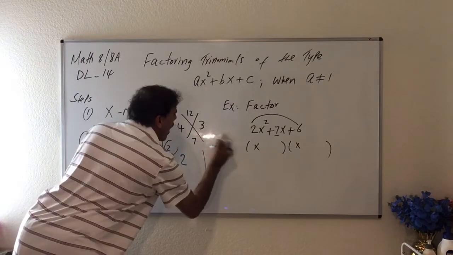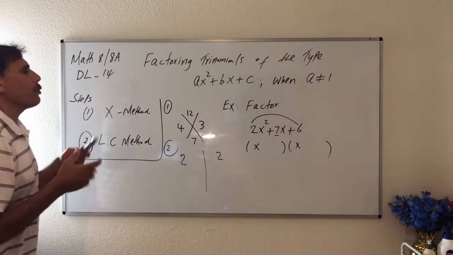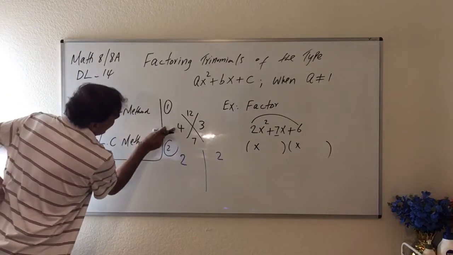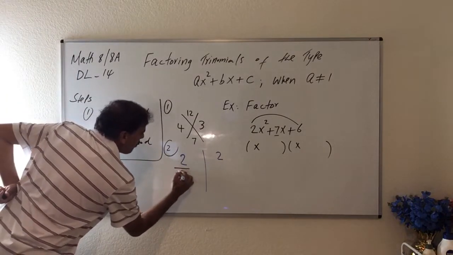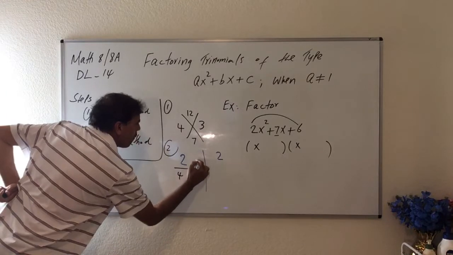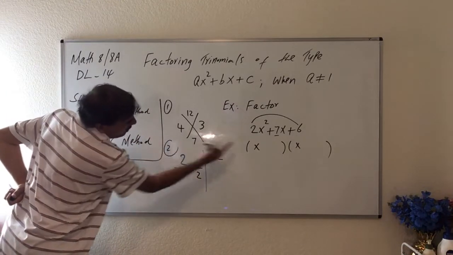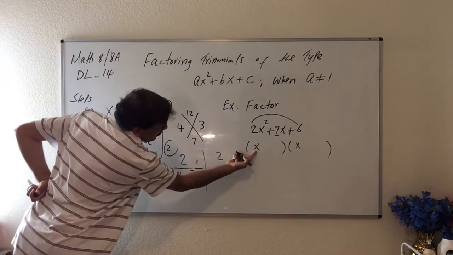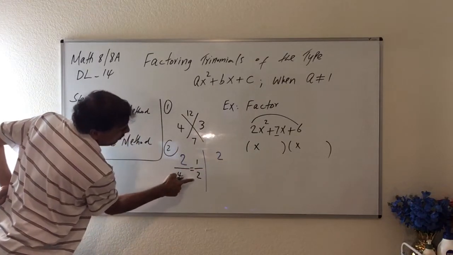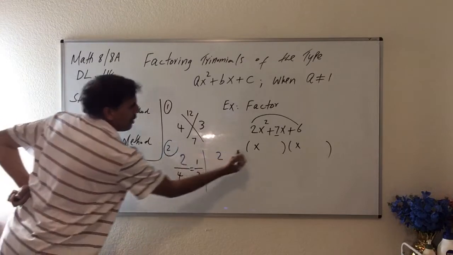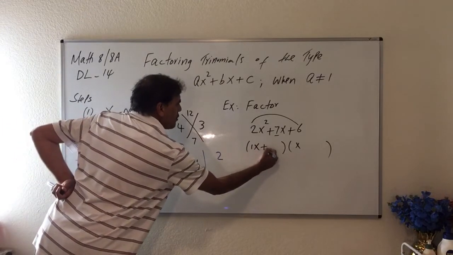So what is the first factor? It is 4. Simplify 4 over 2, which is 2 over 1. The top is always the coefficient of the first term, and the bottom is always the second term. So it's 1x plus 2.